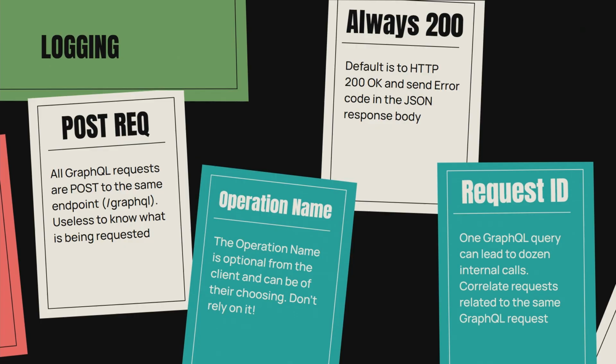So if you want to understand what your users are actually asking for and doing with your graph, you're going to need a lot more logging on the application side. One of the things we learned is that operation names are optional, and users can alter those and choose whatever they like in most cases. So if you are going to tag or log those operation names, make sure you do that with something you have tagged on your server side.